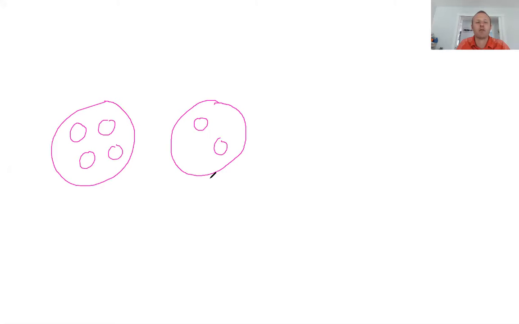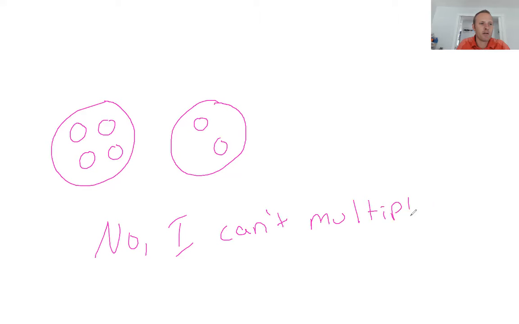That might be the question you see on a problem set or in homework or on an assessment at some point. And your answer is no, I cannot multiply them. And then there's always an important because you have to explain your thinking.